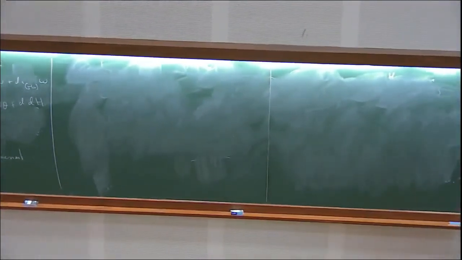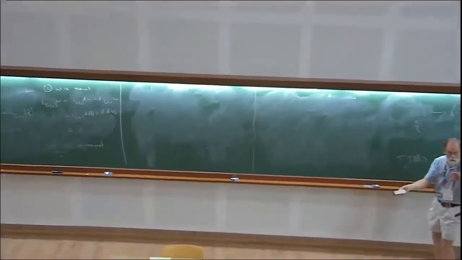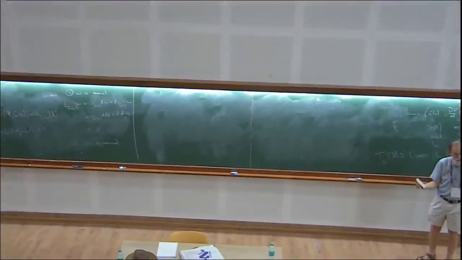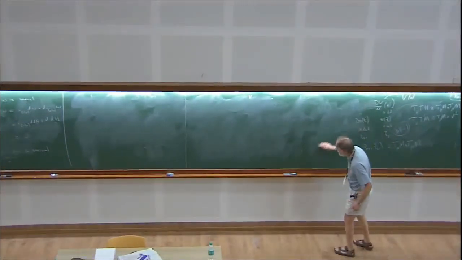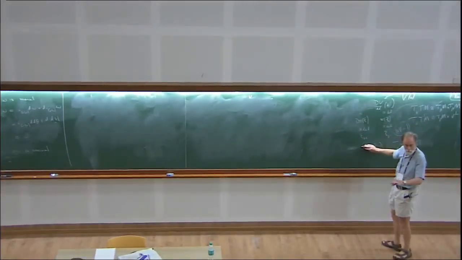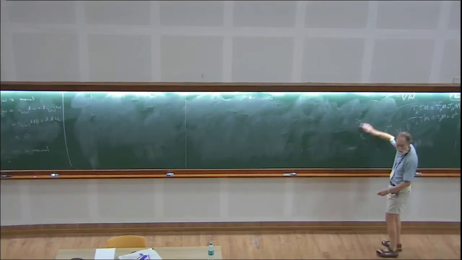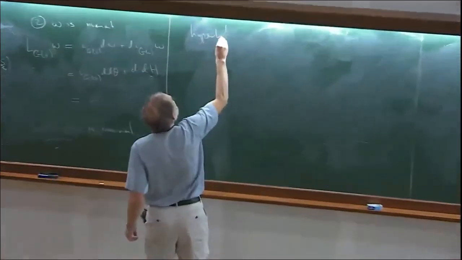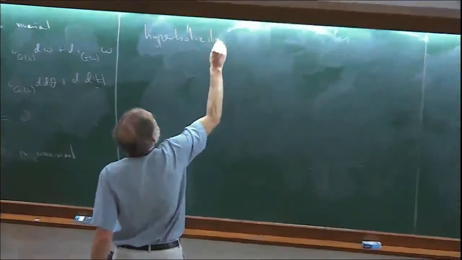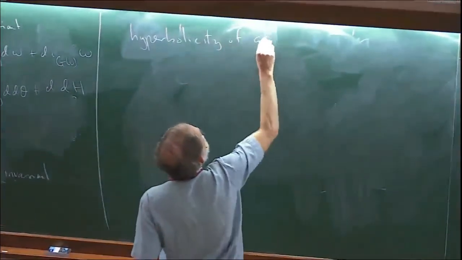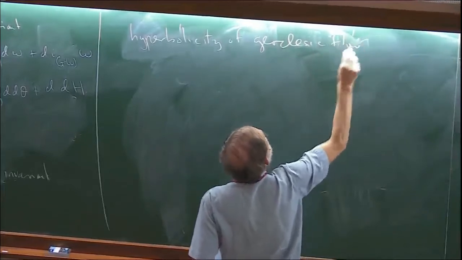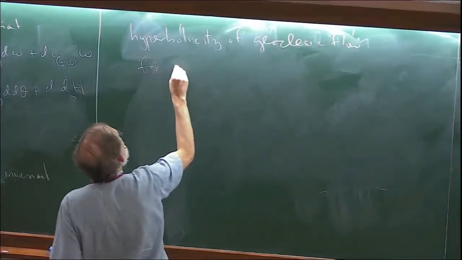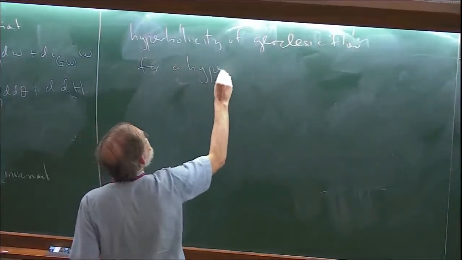I believe that the use of hyperbolic in these two contexts is kind of independent. And so it's perhaps a lucky coincidence that hyperbolicity produces hyperbolicity of the geodesic flow for a hyperbolic surface.